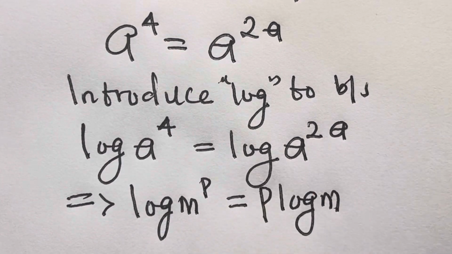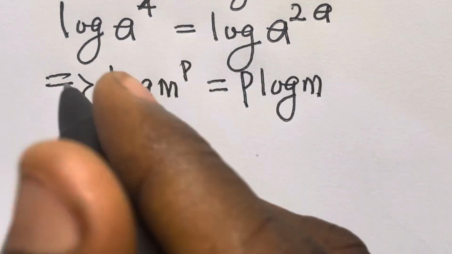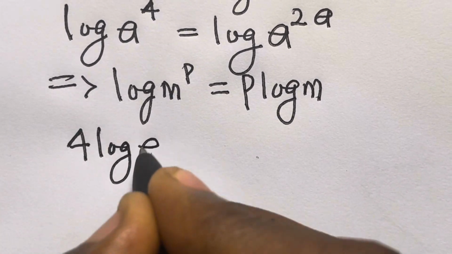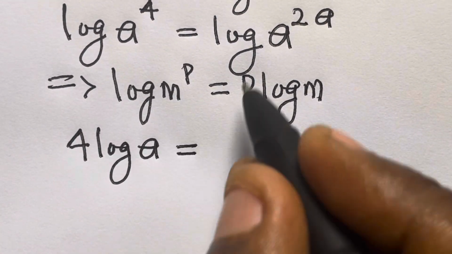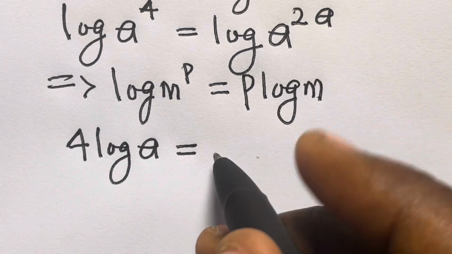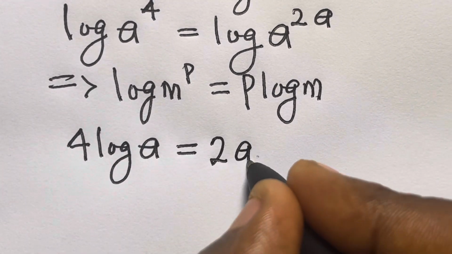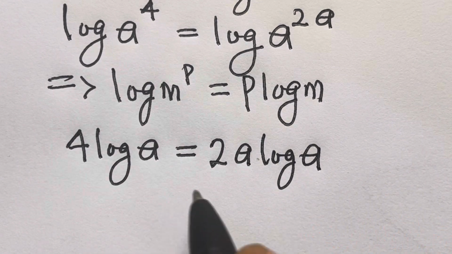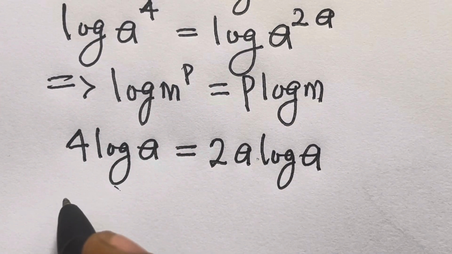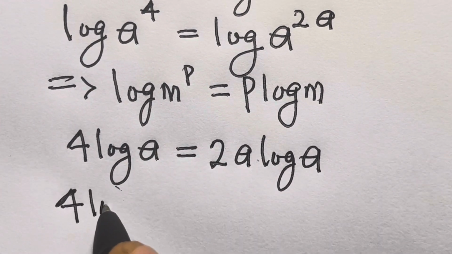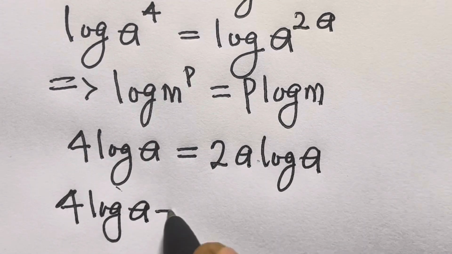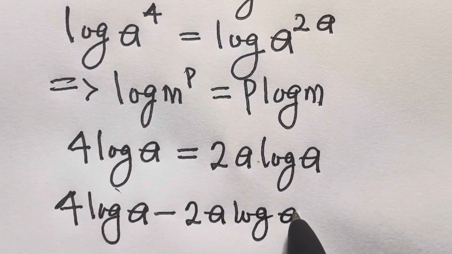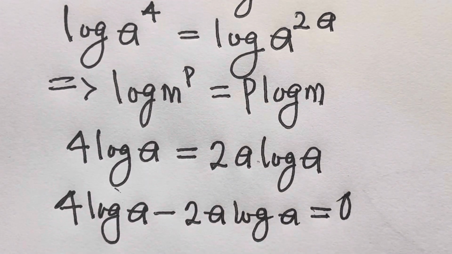Applying this, we will have 4 log a equals 2a log a. So we can transfer this to the other side. We have 4 log a minus 2a log a equals 0.